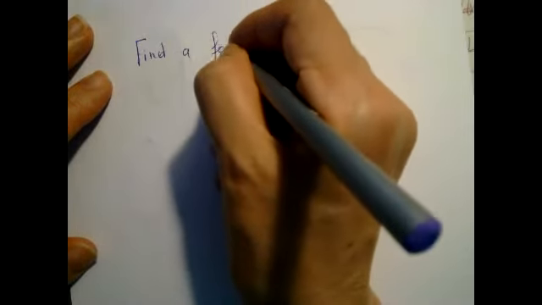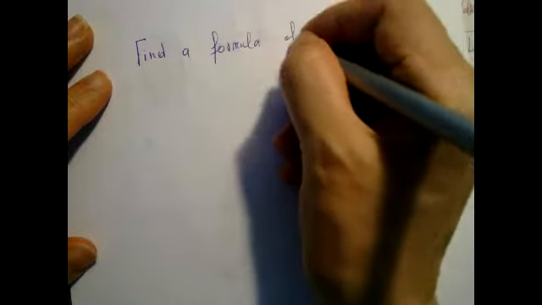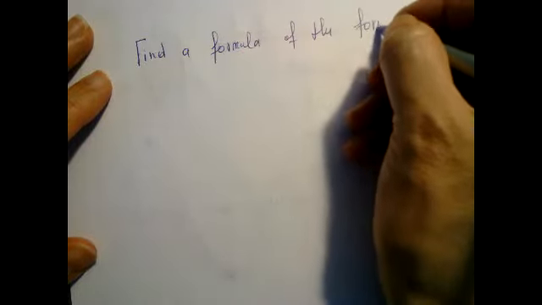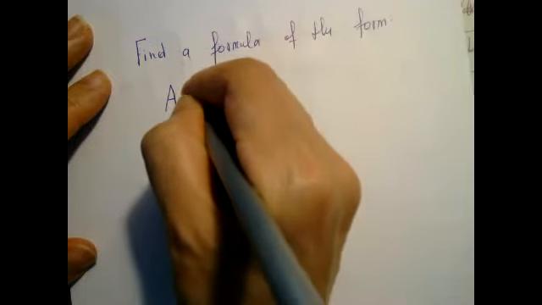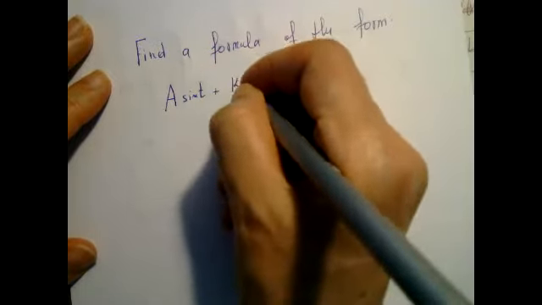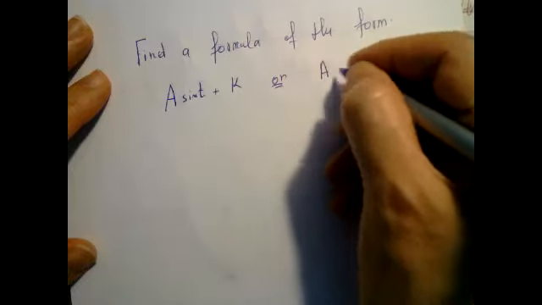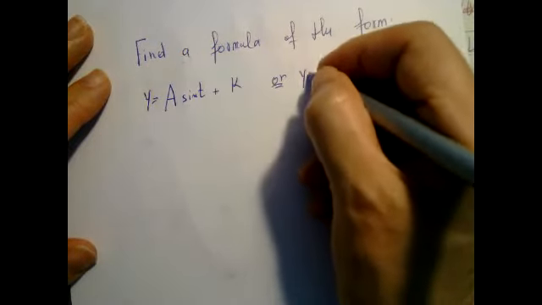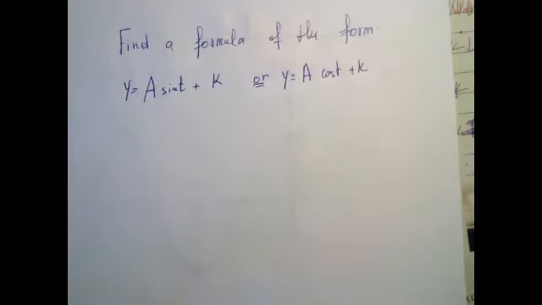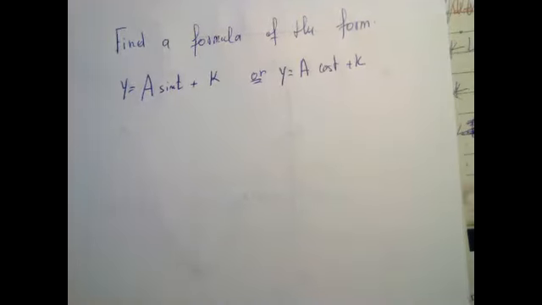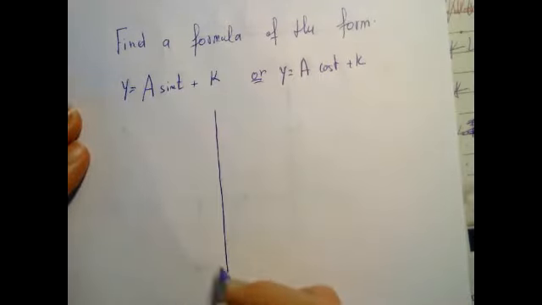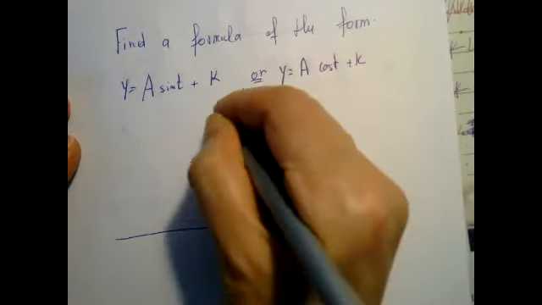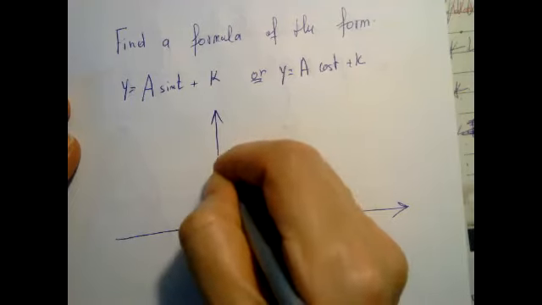Find a formula for the given graph, and it is of the following form: A sine t plus k, or of the form A cosine t plus k. So it means that instead of asking you to graph, I'm going to give you the graph. So let's get started with the first easy one, and then I move on. So suppose I give you the following graph. As I said, I have to start with the simple one.